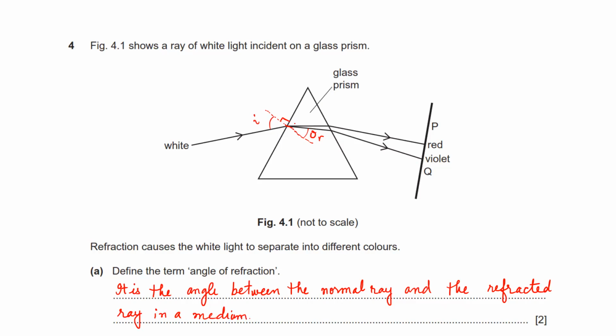Generally it is an acute angle, but we can simply say that it's the angle between the normal ray and the refracted ray inside a medium.